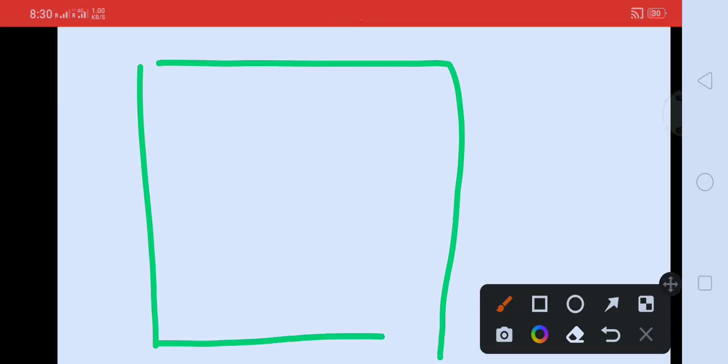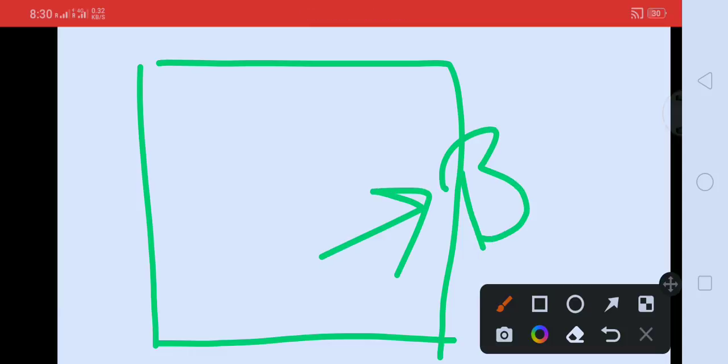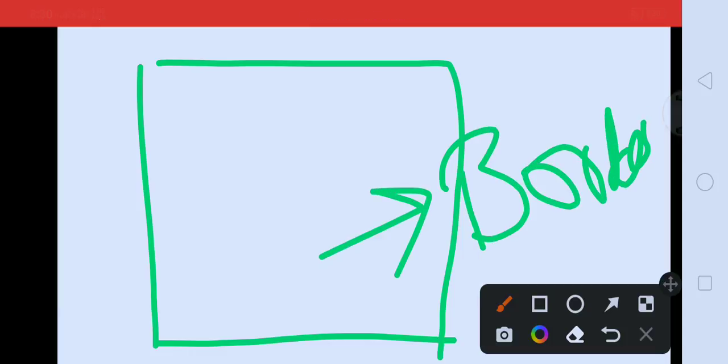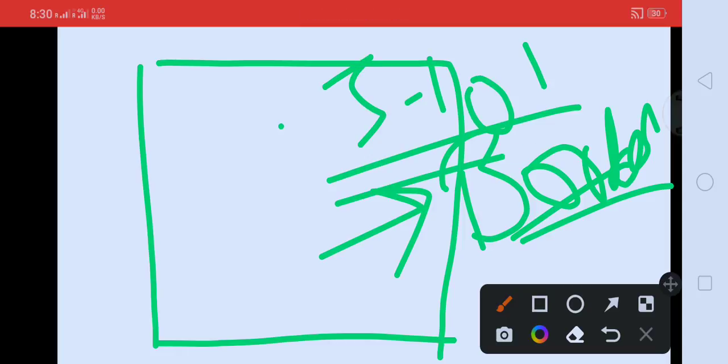And whenever you write a letter, you have to always make a boundary. Always make this boundary. This border is a requirement. It also gives you at least 0.5 to 1 mark.